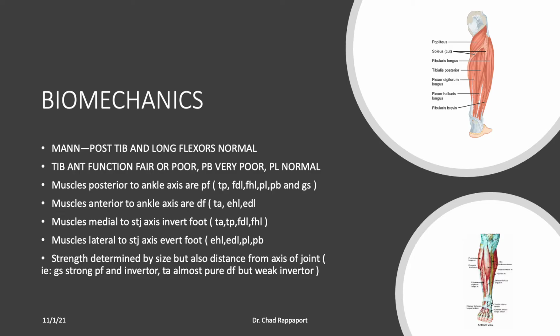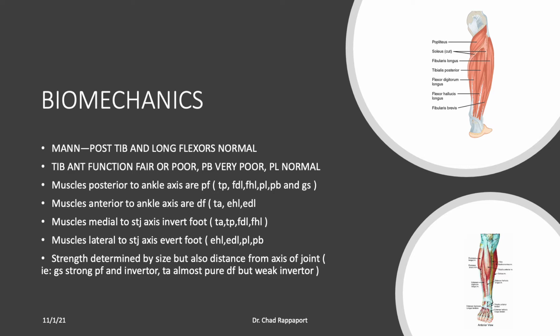Four years later, in the patient population described by Roger Mann, the posterior tibial and long flexors were noted to be normal. The function of the tibialis anterior was typically fair or poor, with the peroneus brevis tendon or muscle being very poor, with the peroneus longus being normal.